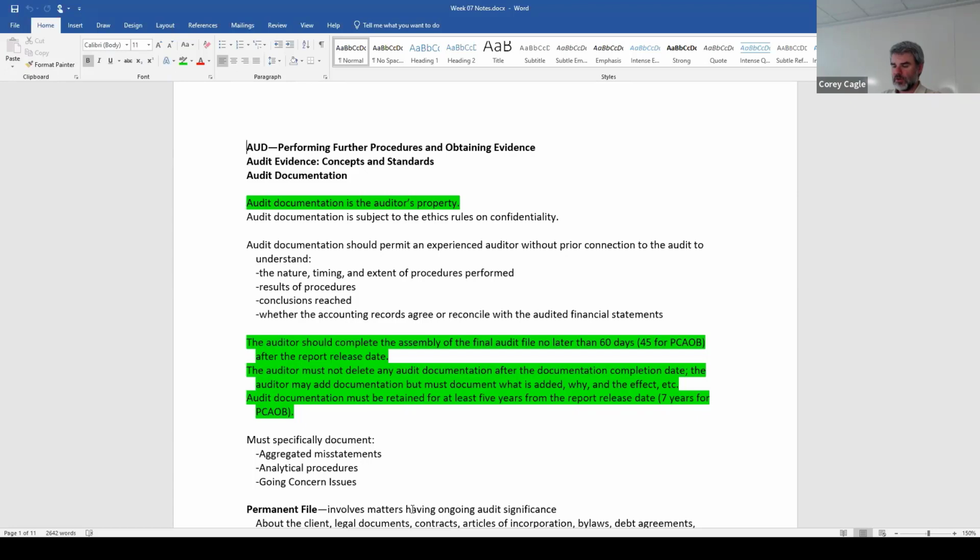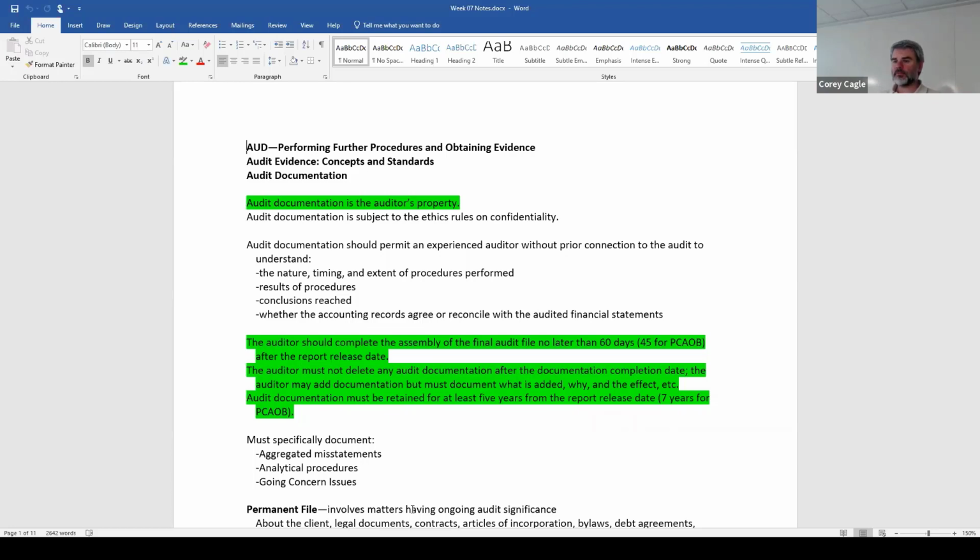The only reason we would give those to anyone is, anything that's confidential, we can do with client permission or subpoena or to an AICPA body, that kind of thing, if they request it. So that all goes back to that confidentiality chapter we talked about early on.